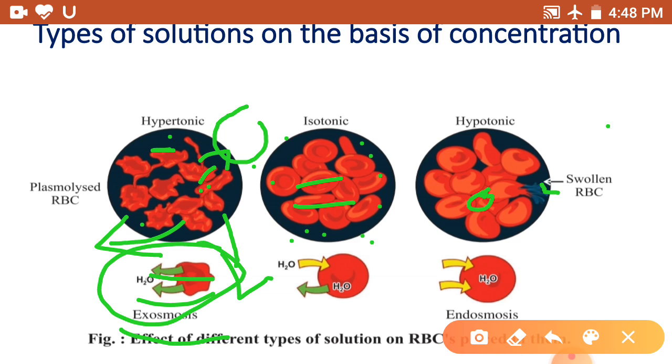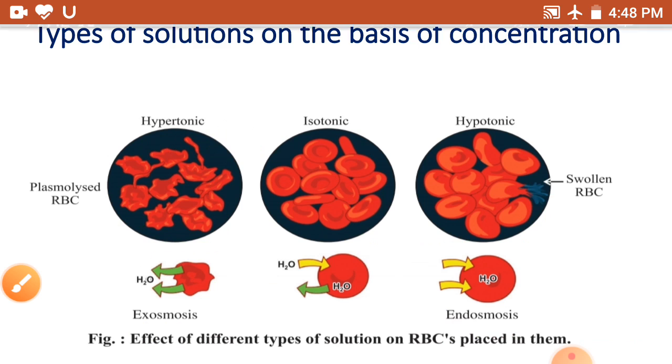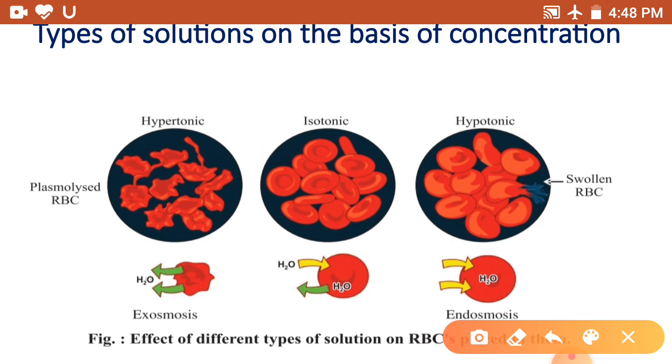And here the solvent moves inside of the cell, so it is endoosmosis. Here solvents move inside the cell, so it is called endoosmosis. And here the solvents move outside, so it is called exoosmosis.